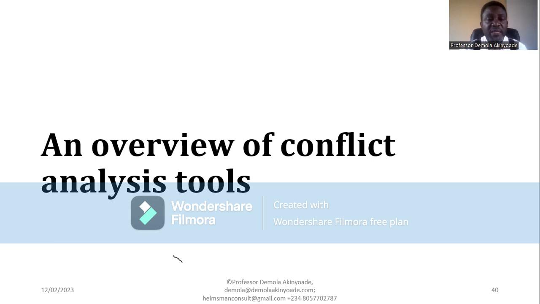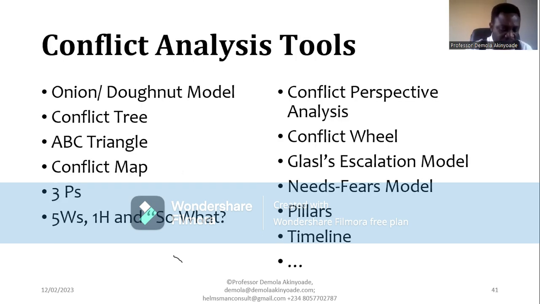Okay, so let's look at some specific conflict tools that we have. We have the onion or donut model. Dr. Kade George referred briefly to this in his presentation. We have conflict tree, ABC triangle, conflict map. You see, conflict map here is not the same thing as conflict mapping.